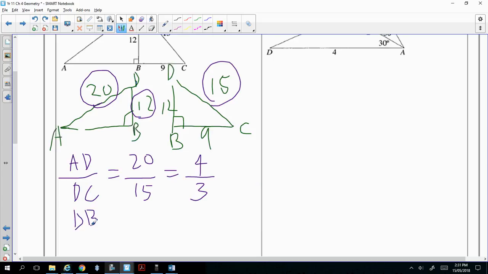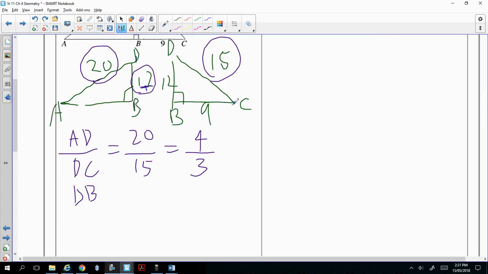Because they're similar, the ratios are equal; the sides are not meant to be the same. They're not congruent. Get the idea? So you're not meant to use DB over DB. You do DB over BC, 12 over 9, also 4 over 3.